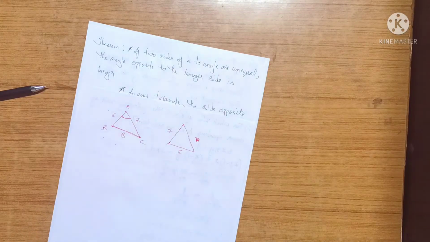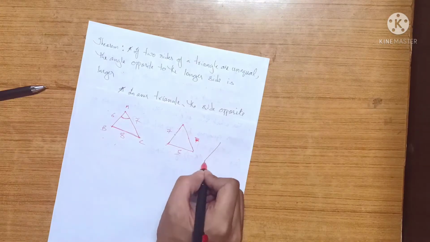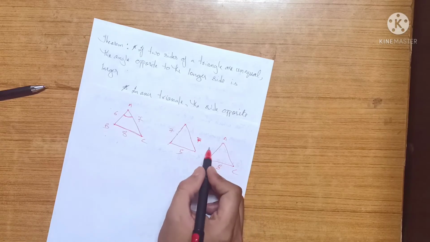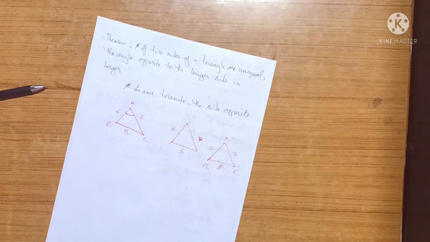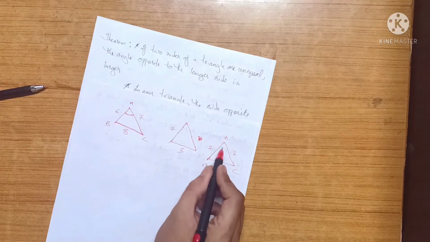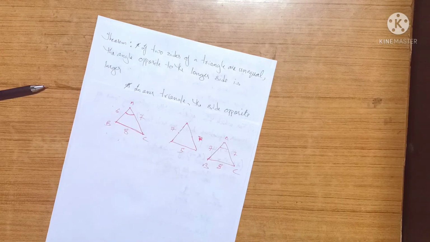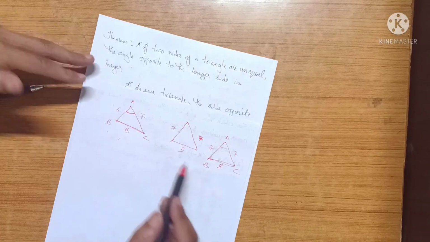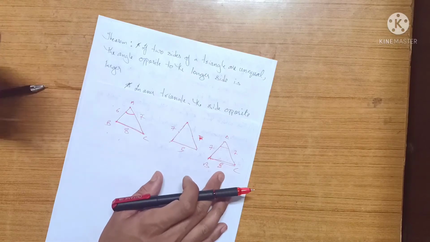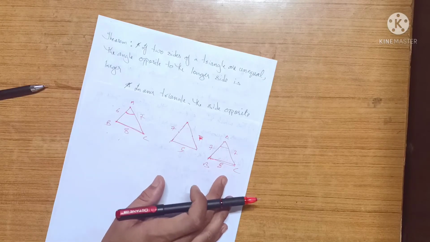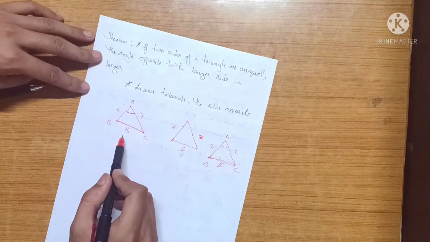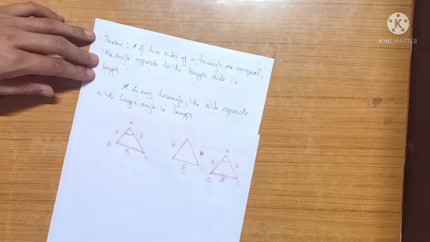But if it's an isosceles triangle, for example 8, 7, 7, then we can say that this angle is larger, because of this longer side 8. So in this kind of isosceles triangle we can use this theorem, but in the other kind we cannot. And in scalene triangles, the longer side is always opposite the larger angle.